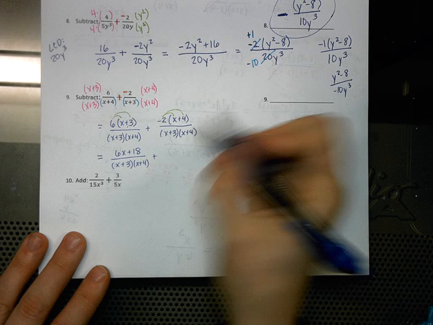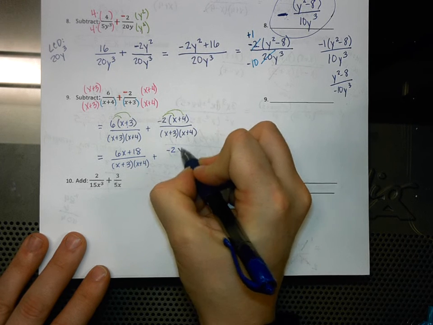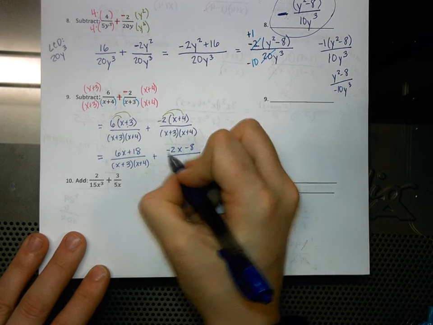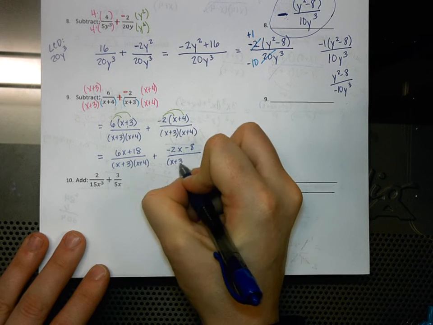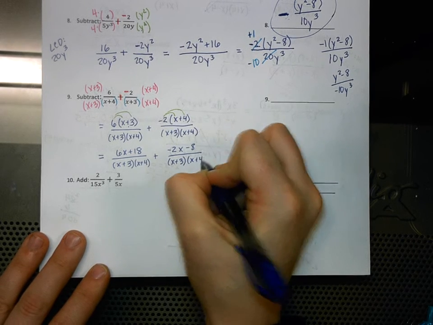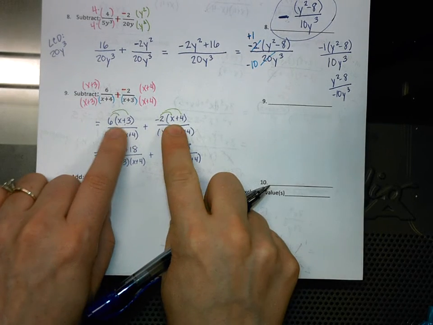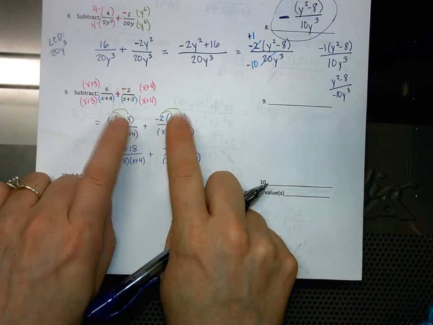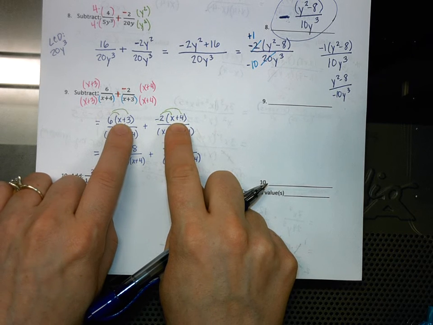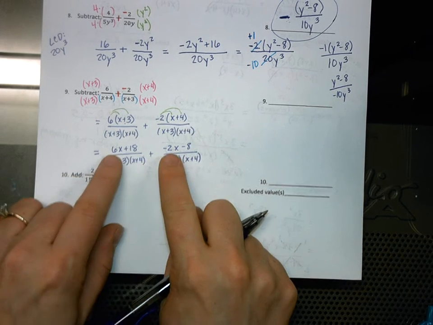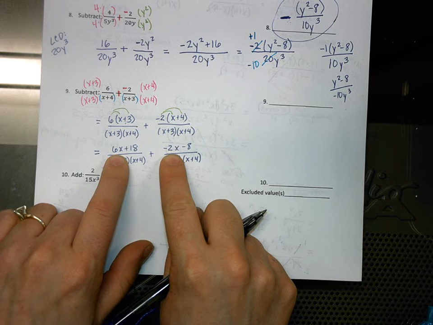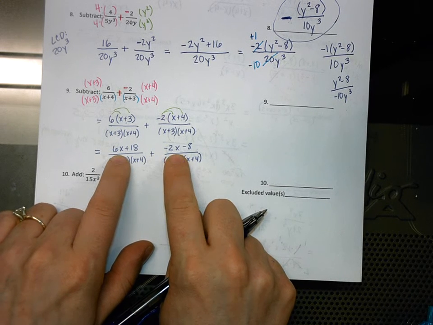Negative 2x minus 8. Good. Now my denominators are still the same, but now I have like terms in my numerators. These are not like terms because the term they're being multiplied by doesn't match. 6x and negative 2x are both being multiplied by an x, so those are like terms.